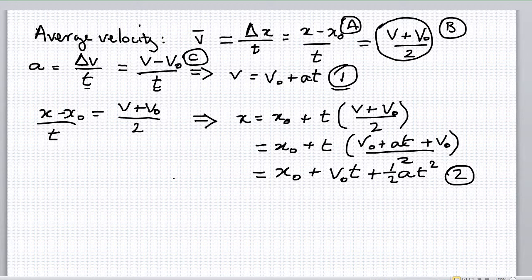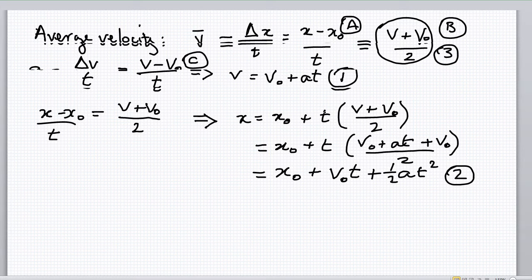Right? It's also useful, in fact this is a third kinematics equation here. And it's also useful because it's often the case where we don't have t. It's useful to find a situation where we eliminate t. So using equation 1 here, I'm going to rewrite it and use it in the form of c.